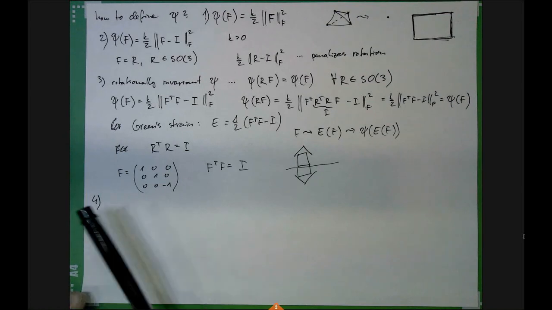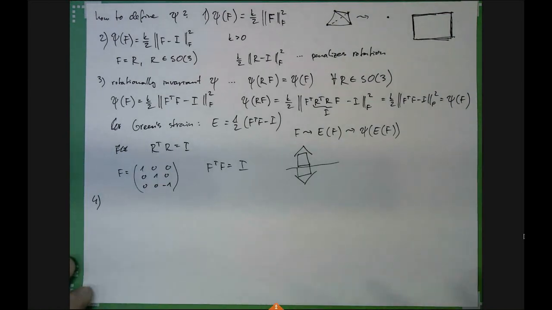So how do we get the state-of-the-art energy that's used in physics-based animation? It was introduced in 2004 by a paper, I think also from Stanford, by Geoffrey Irving and some guys, and Ron Fedkiw.